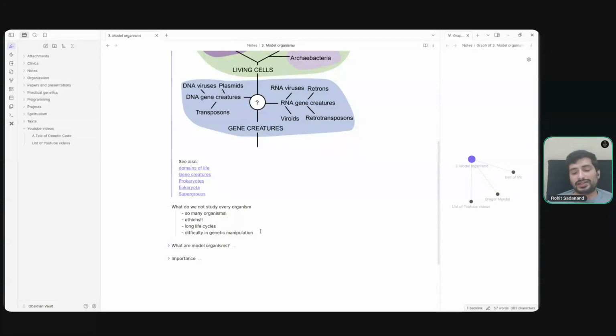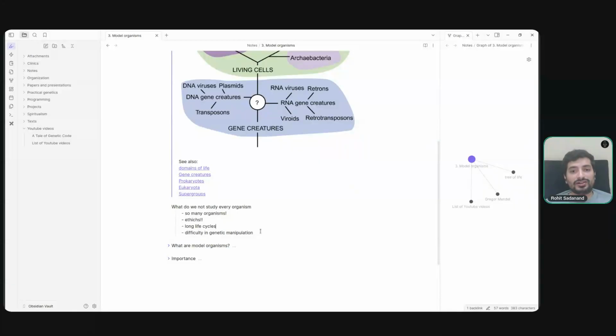And then life cycle. So we as humans live about, say, 80 to 90 years of age. And ideally, for organisms on whom we are conducting genetic studies, we would want to see the outcome also, right?